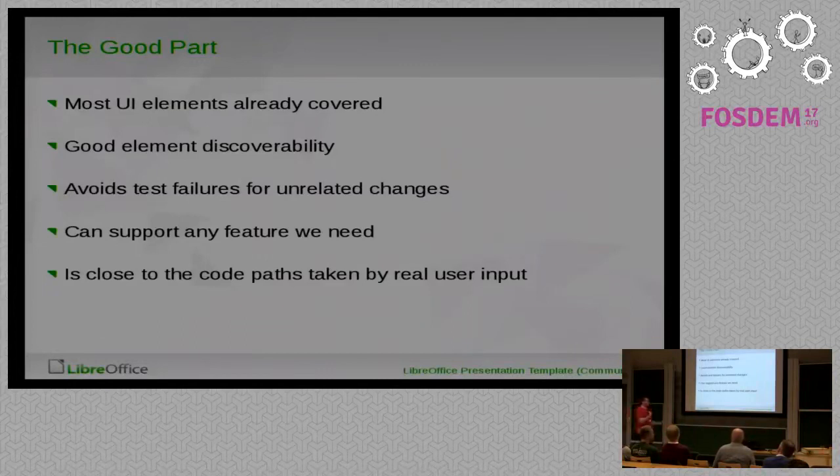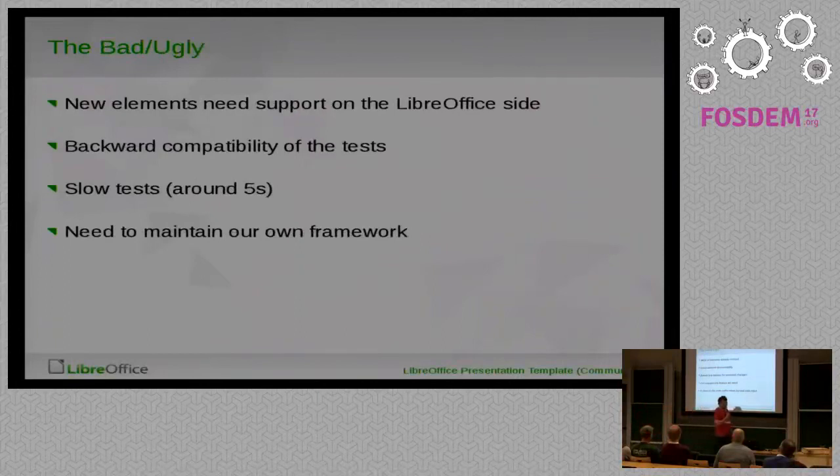Anything as complex as we want it, we can implement on our side. And quite importantly, we can place the code at the correct location so that it's as close to the code path taken by user events as possible, which also helps in finding bugs. So the bad, the ugly, as I mentioned, no UI testing framework is perfect.